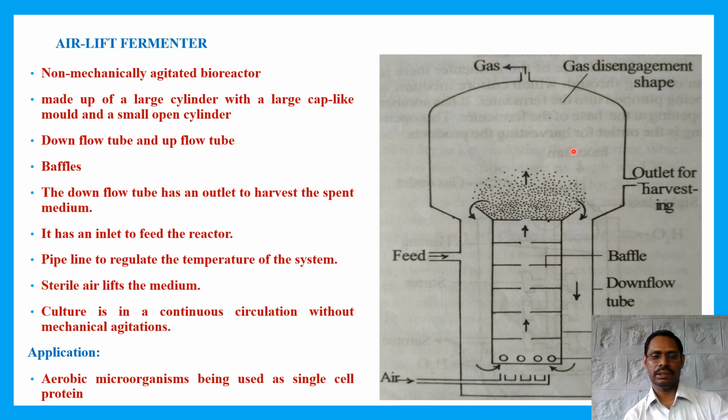So the medium passes through the two tubes. Hence there is no need for an agitator, and the microorganism can effectively utilize the medium and produce the products. The application of this fermenter is for aerobic microorganisms. It is used for the production of single cell protein.